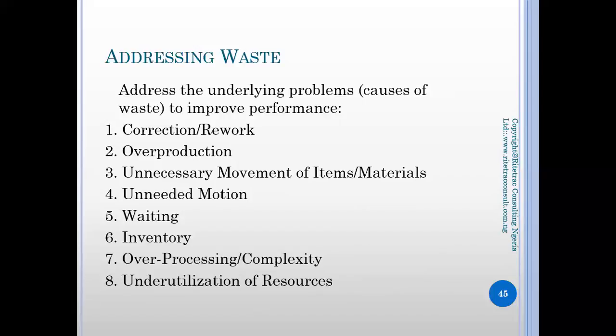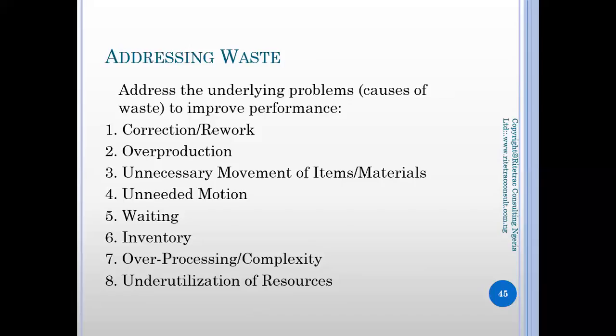Correction, rework. Now, there's something we call the 8 wastes, the 8 deadly wastes. We use the acronym DOWNTIME: defects, overproduction, waiting, non-utilized talent, transportation, inventory, motion, and then extra processing.